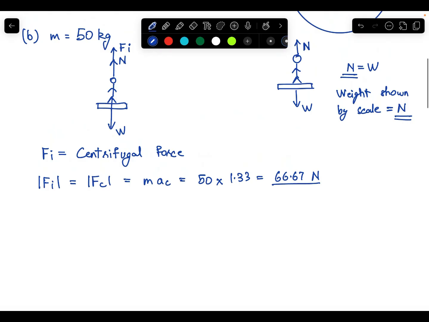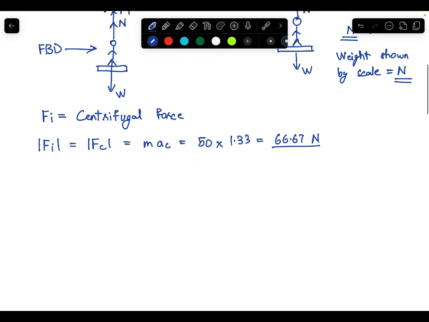Now let's look at our free body diagram. Here we see that weight is downwards, so it's negative. The normal contact force is upwards, and the centrifugal force is also upwards. So performing summation of forces in the y direction, I have negative W, positive N, and positive Fi.